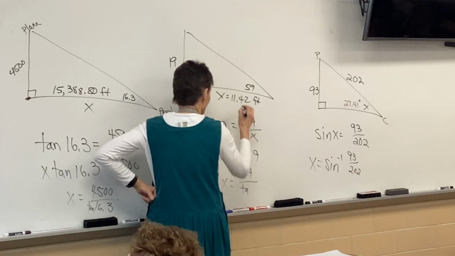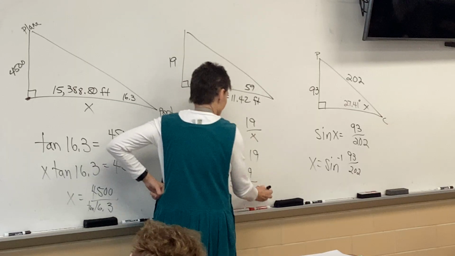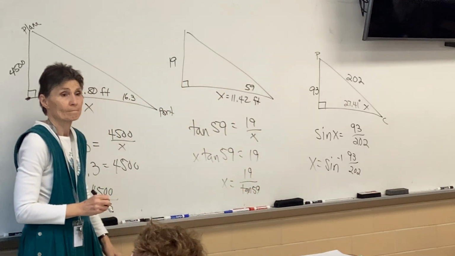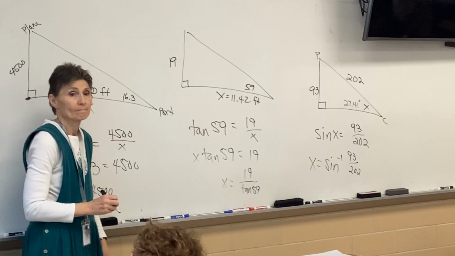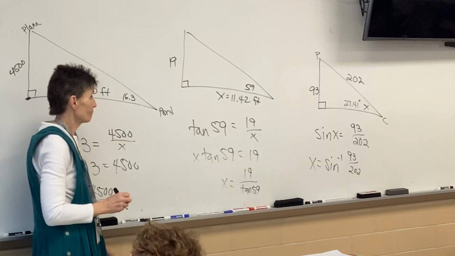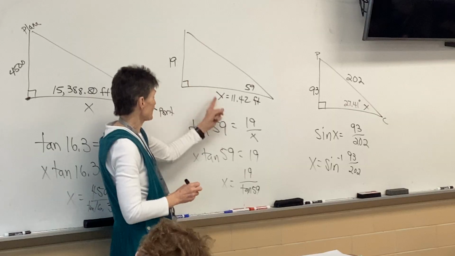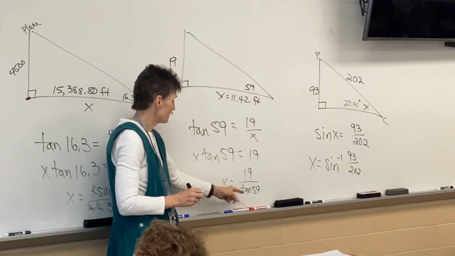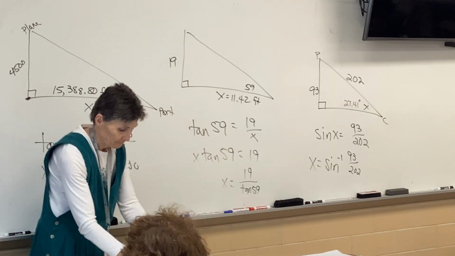Did you get 11.42? So tan 59 equals 19 over x, multiply by x and divide.